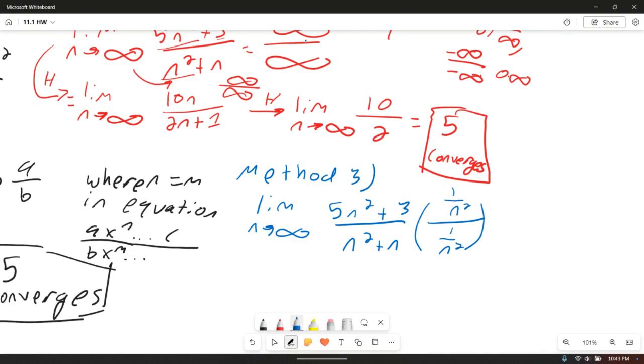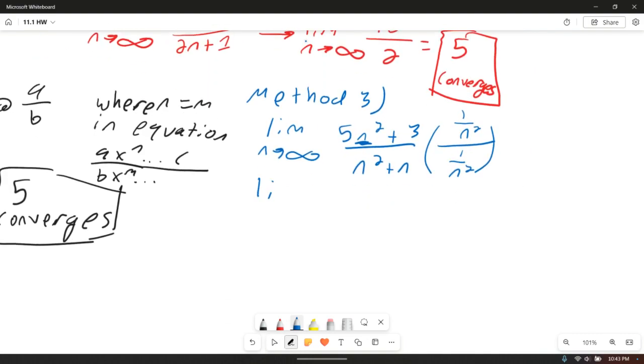The highest degree here is 2, coming from the n squared, so we multiply top and bottom by 1 over n squared. If the top was an n cubed, we would do 1 over n cubed. And then we could just see what goes on.